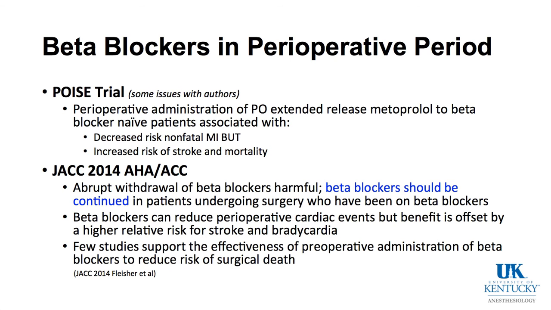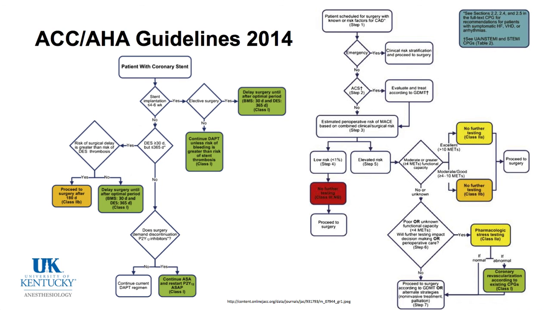The American Heart Association and American College of Cardiology say that we should not abruptly withdraw beta blockers, that they should be continued in patients undergoing surgery who have already been on beta blockers, and that they can reduce perioperative cardiac events, but the benefit is offset in beta blocker-naive patients by a higher relative risk of stroke and bradycardia, and there are few studies to support the effectiveness of giving beta blockers preoperatively to reduce the risk of surgical death.